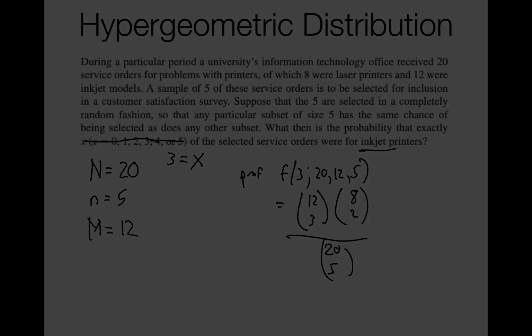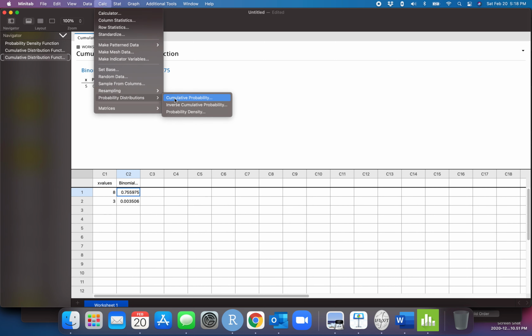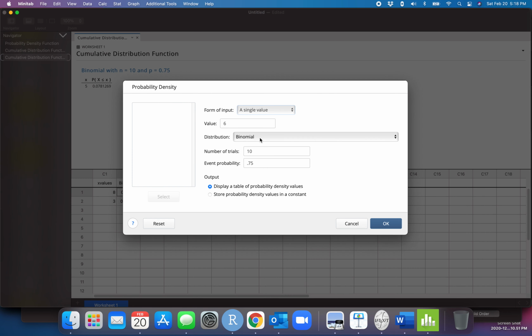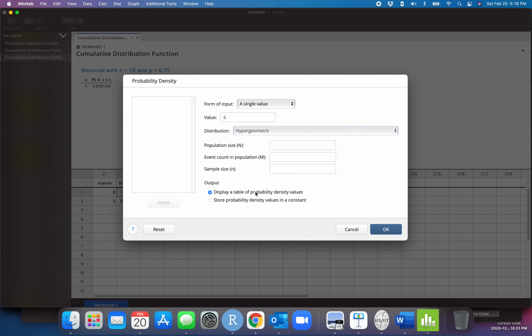So, okay, we've got the binomial stuff here from last videos, but we're going to go to Calc, Probability Distributions, Probability Density, and we want to find Hypergeometric here. The value is 3. They have nice labels for N, M, and n to make sure that you know which one.